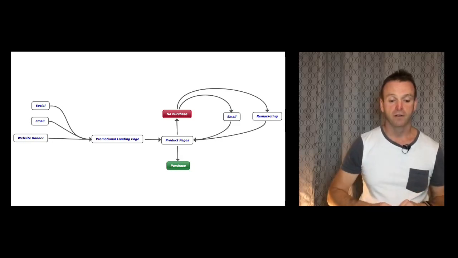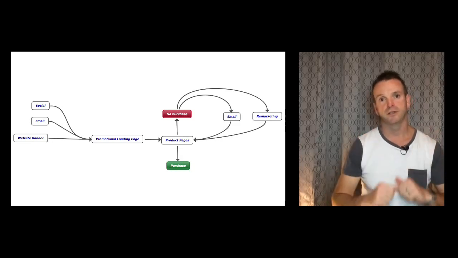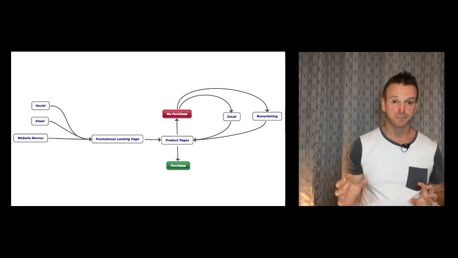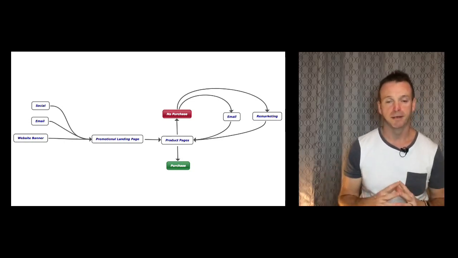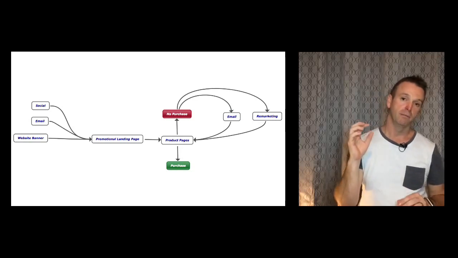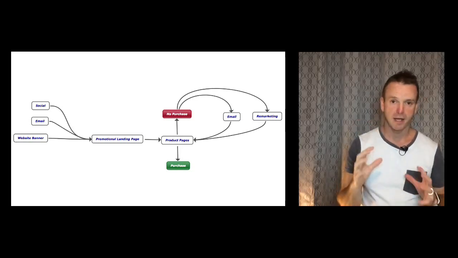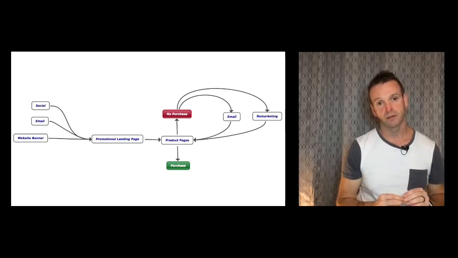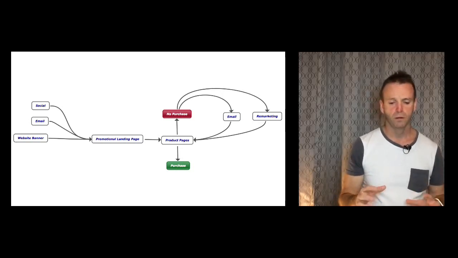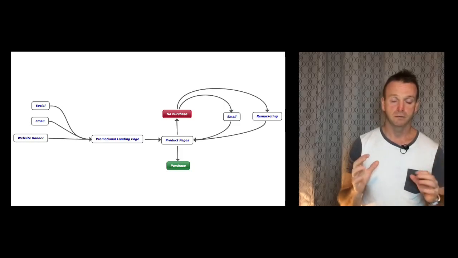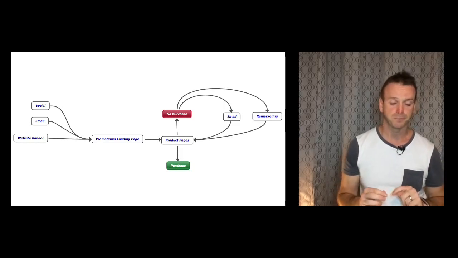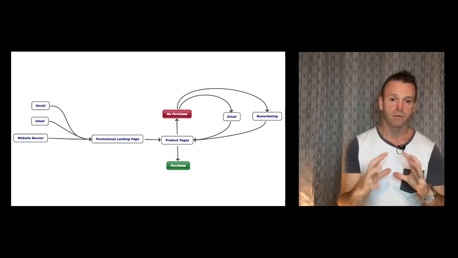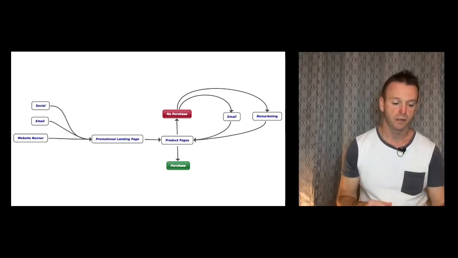And for those that purchase, great, we did a great job. And for those that don't, we'll then drive them to effectively an abandoned cart strategy, where we will either send them an email at some point after they've left the site, or we will do some remarketing to them. So that was the campaign strategy that we covered last week.